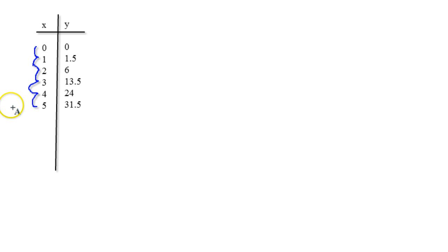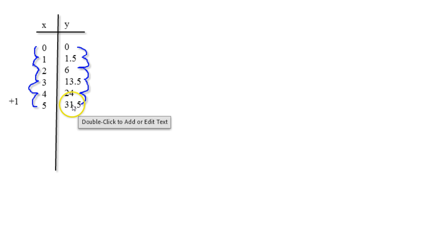As you can see, you're increasing by 1 each time, so that's pretty simple. Now on the y side, that's where the information really comes into play. Let's take a look at it. That's a difference of 1.5. You know what, this one's off a little bit.